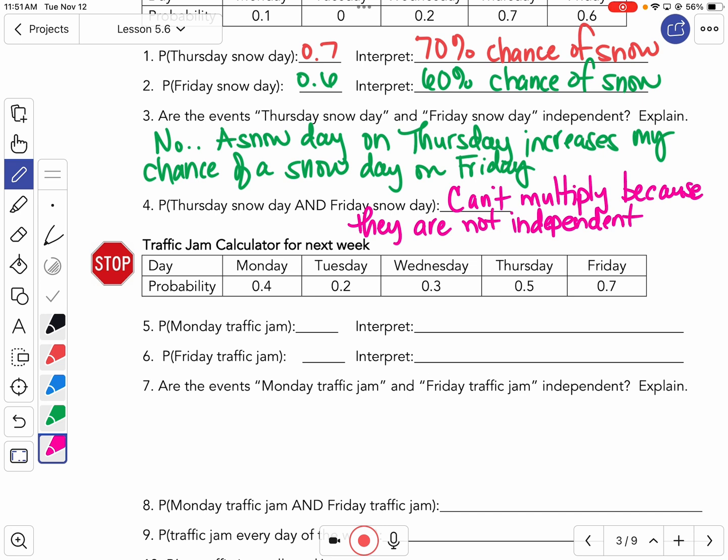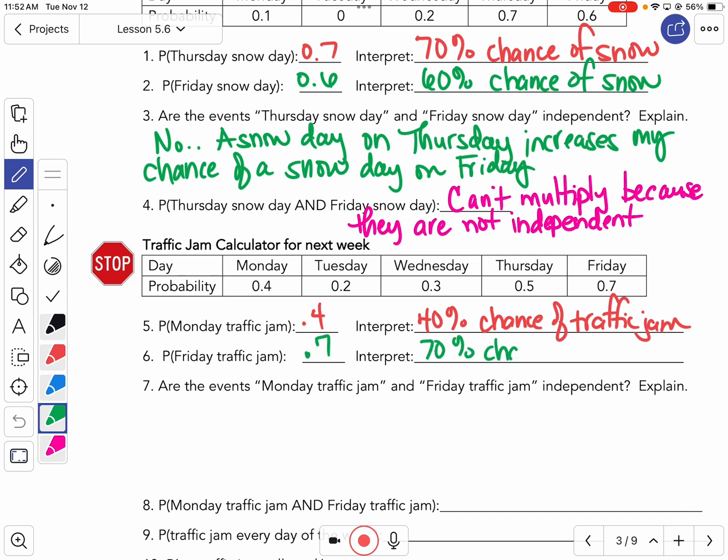So what's the probability that I get a traffic jam on Monday? 0.4. Okay, so there's a 40% chance of a traffic jam. Okay, what's my probability of a traffic jam on Friday? 0.7. So again, a 70% chance of a traffic jam.